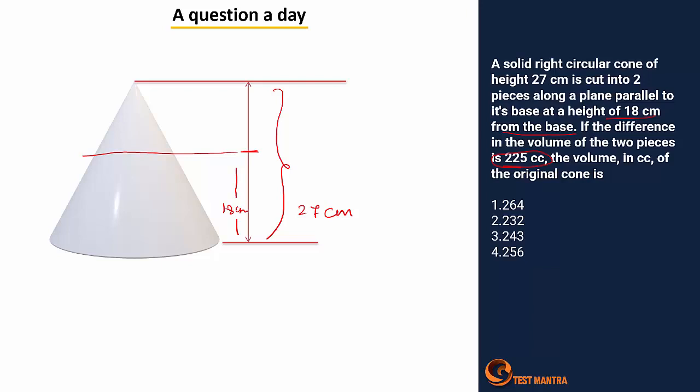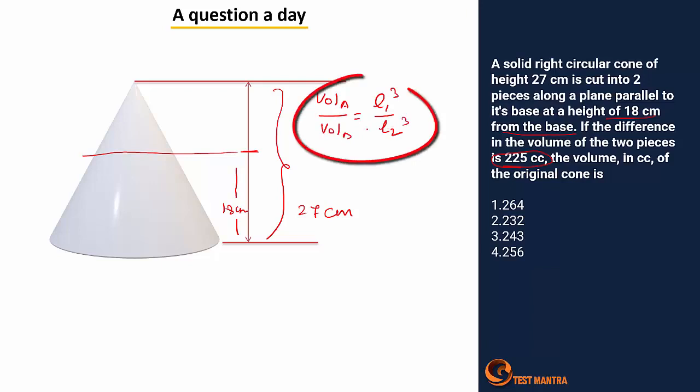If I have similar figures, we should know that if two similar figures are there, and any of the lengths is in the ratio of L1 by L2, then the volumes of these will be in the ratio of L1 cube by L2 cube.